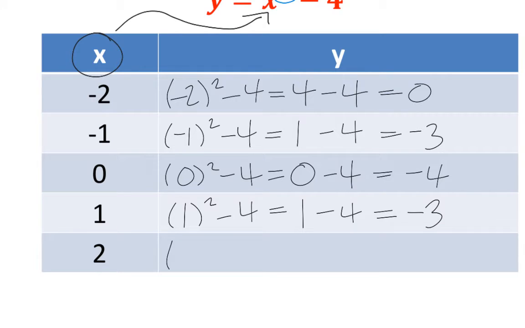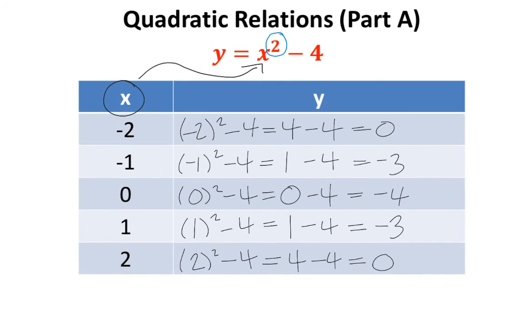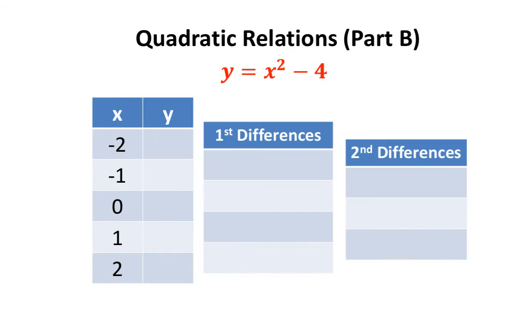And last but not least, I have 2 squared minus 4. 2 multiplied by itself is 4. 4 subtract 4 is equal to 0. And last, I'm just going to zoom out to show you all the work that was needed for this step.